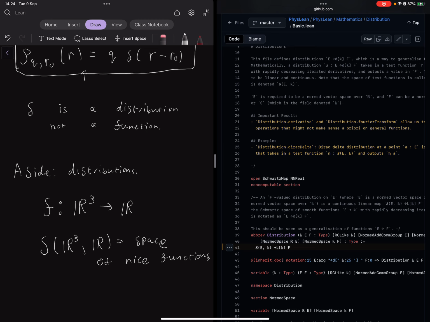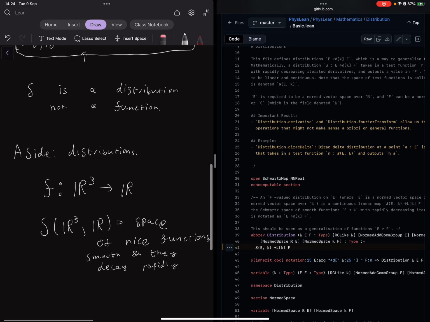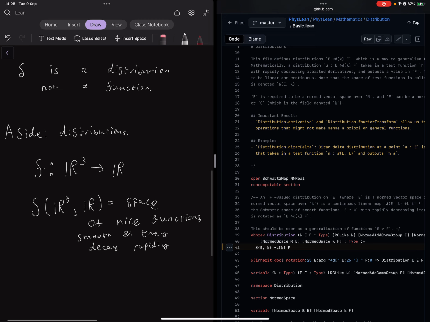But what that really means is that they are smooth and they decay rapidly. So when a physicist often says, let's assume this function is smooth, it decays at infinity, they are often assuming they live in this space. And this is sometimes called the Schwartz space, and the functions in it are sometimes called Schwartz maps.